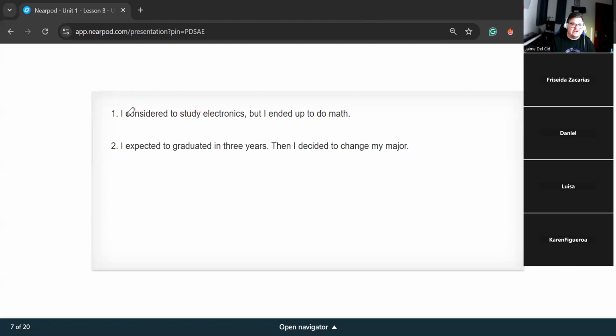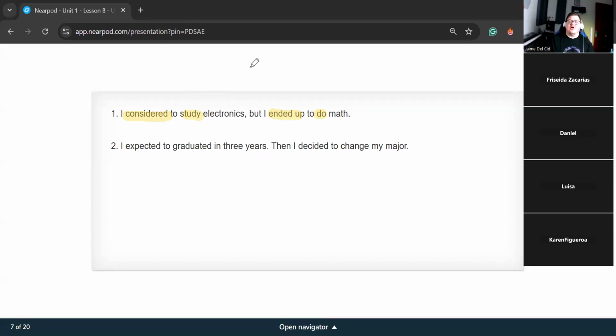For example, I have the word considered, which is already a verb, and then I have to use the word study in the middle because that's what I was required to do. And in the second part of the sentence, I have the same thing. Ended up is another verb, and they are asking me to include the word do as well. So it's quite an exercise to try to think what is the best way to conjugate this.